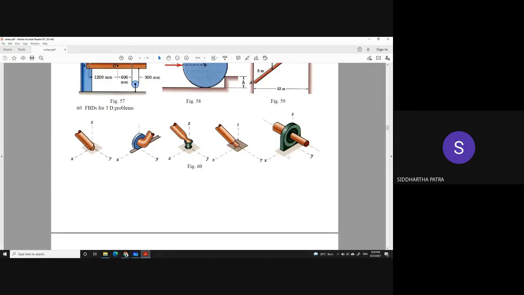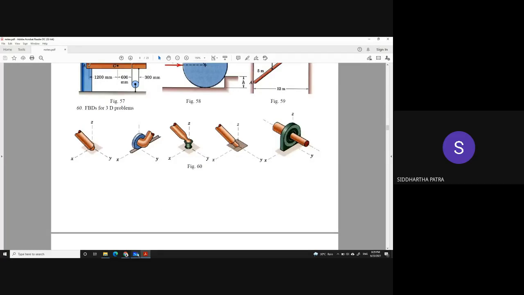Can it rotate about the x-axis? No, sir. And by the same analogy, can it rotate about the z-axis? No, sir. That is the correct answer. So there would be 2 reaction moments, Mx and Mz.